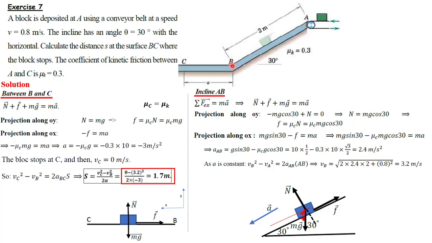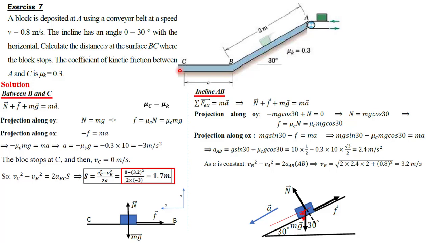From the motion along AB, we deduced VB. And from the motion along BC, we deduced the distance BC, where BC is the distance traveled before the particle stops.